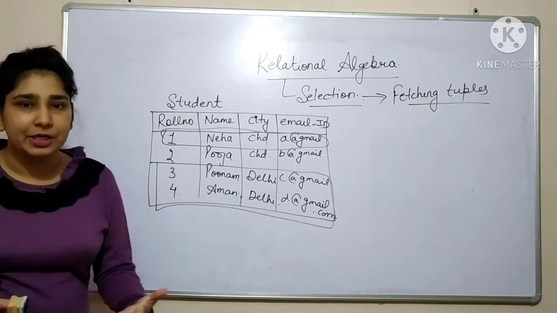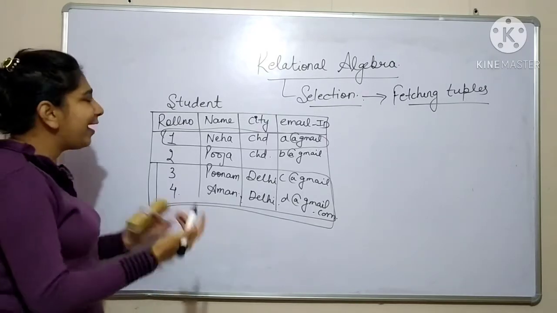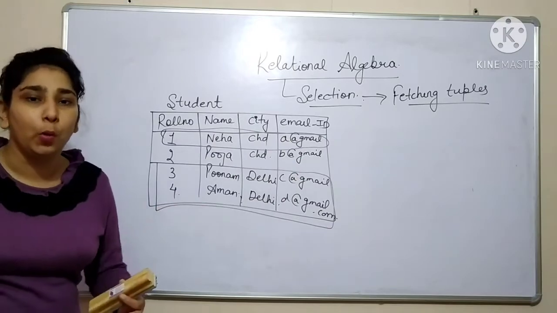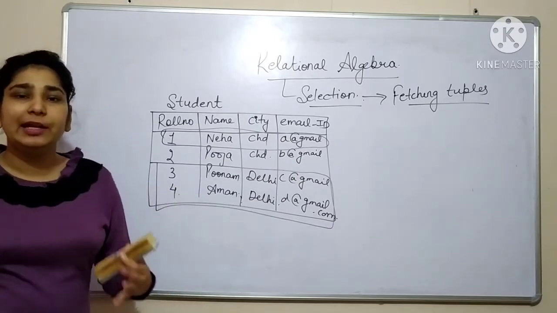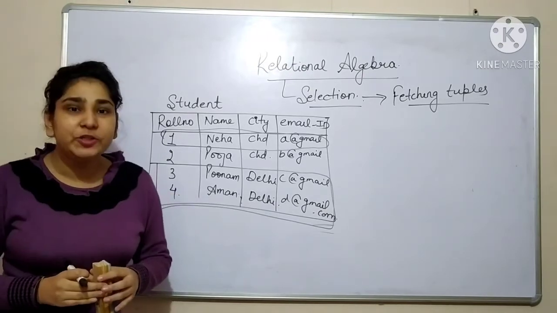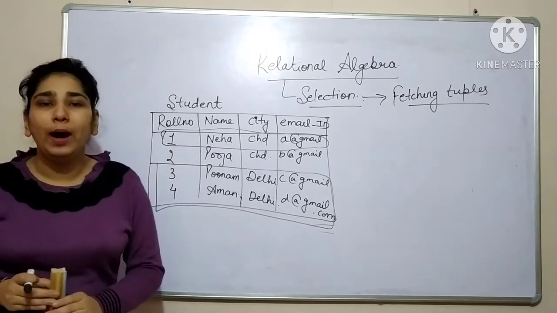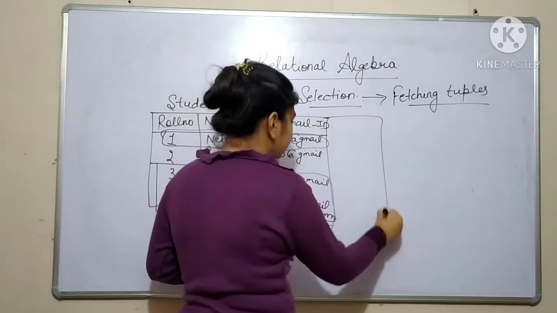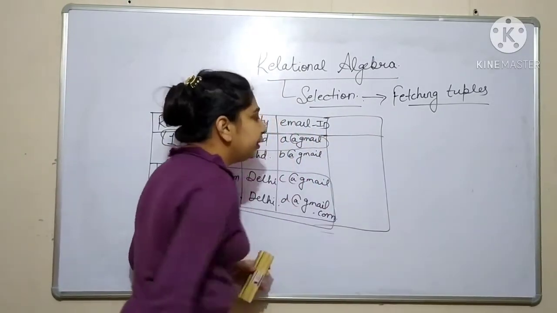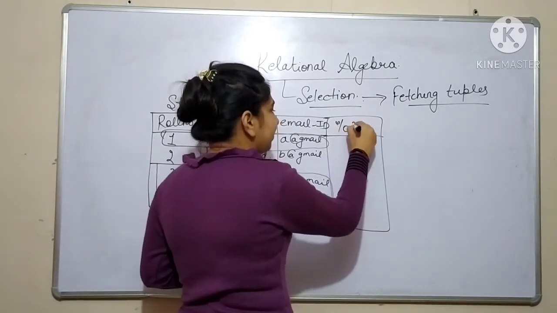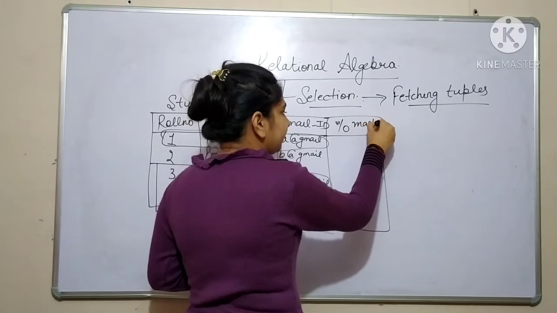In the selection operation we are fetching the complete tuple, the complete row, as per our requirement. Let's suppose we have one more attribute in this relation, named percentage marks.